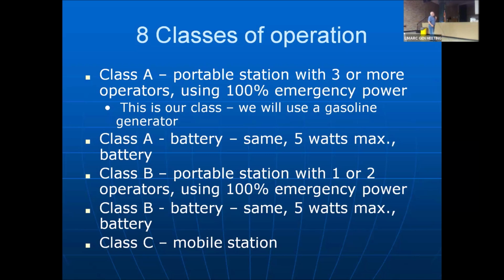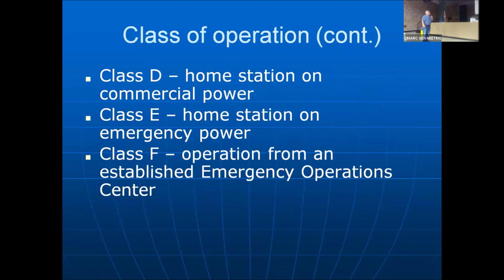Class B battery is a couple of people, 5-watt maximum, and Class C is a car. Class D, next one. Class D is someone at home. Class E is a home under emergency power, and Class F is an emergency operations center.